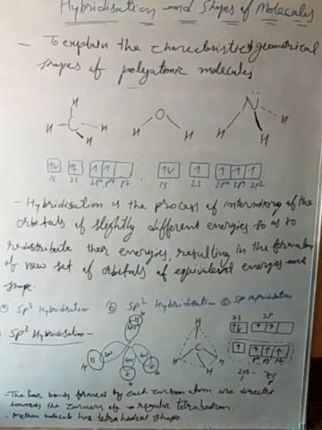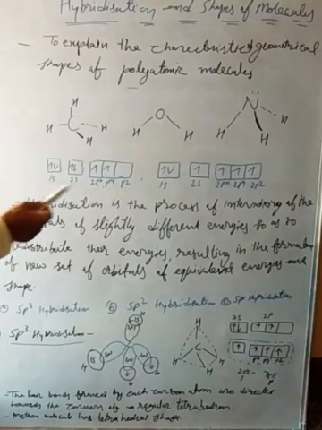When atoms share electrons, these electrons are arranged in boxes, and they are present in the outermost shell. There are subshells and outermost orbitals.